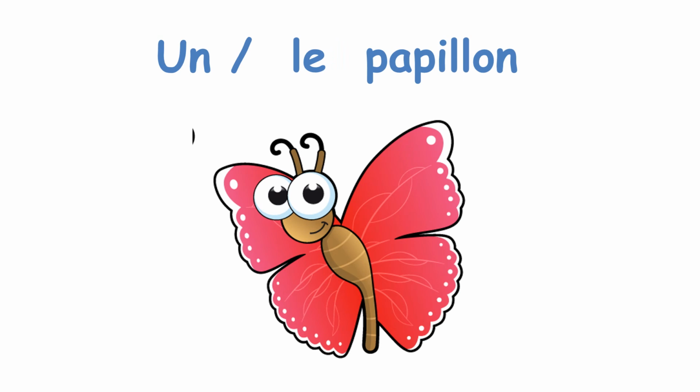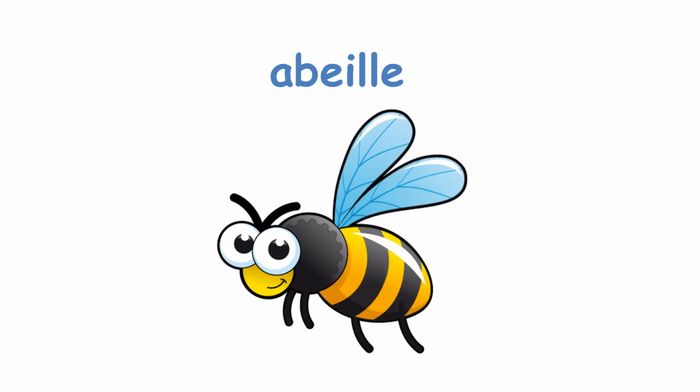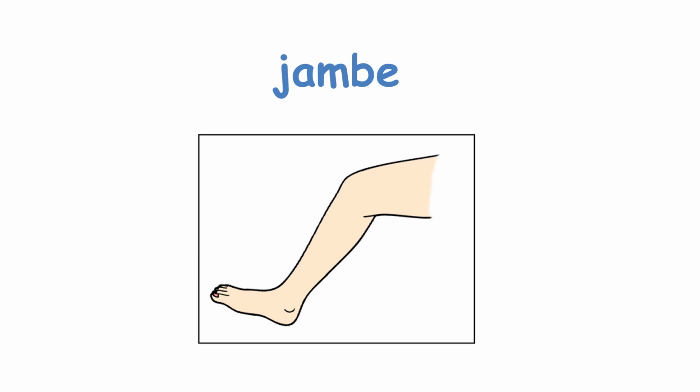And again ends in the consonant. Un papillon, le papillon, a butterfly. Abeille. Masculin ou féminin? The bee. Féminin. Une abeille. And you've got the double consonant E at the end. Jambe. Masculin ou féminin? Féminin. Bravo.